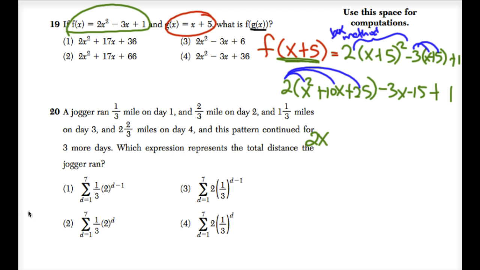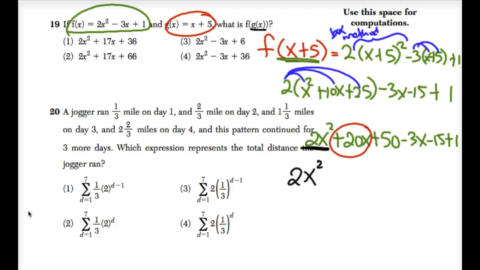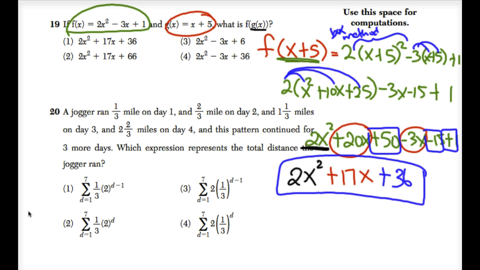I'm going to get 2x squared plus 20x plus 50 minus 3x minus 15 plus 1. When I combine like terms, there's only one term with x squared, so this becomes 2x squared. I see it's a plus 20x and a minus 3x, so this will give me a positive 17x. And then the last thing I see is a plus 50, minus 15, and then a plus 1, which will give me a positive 36. And this becomes my answer, which is choice number 1.